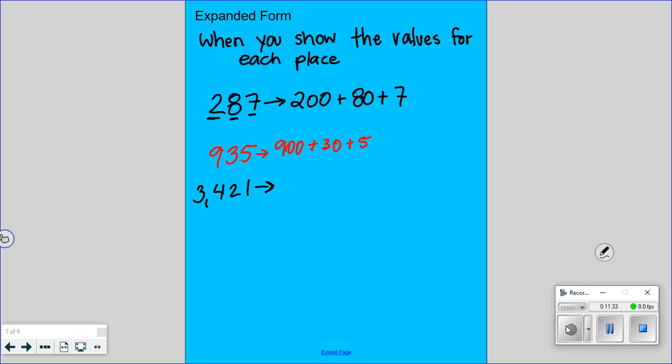I got 3,000. 400. We need an operation in there. Oh, plus 400 plus 20 plus 1. Awesome. Give me a me too signal if you got that. Awesome.